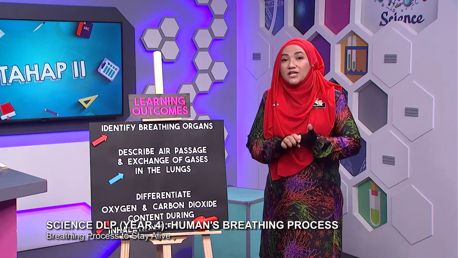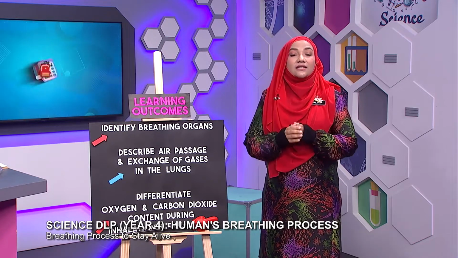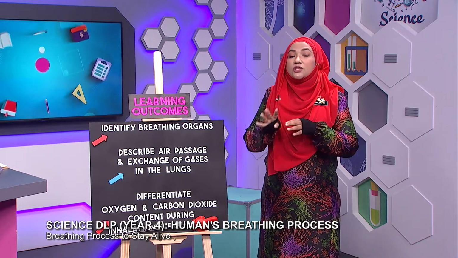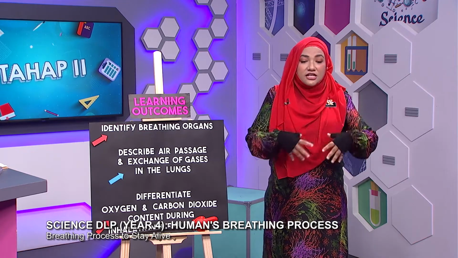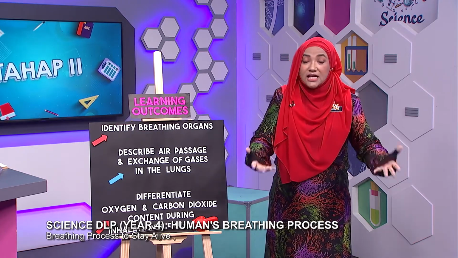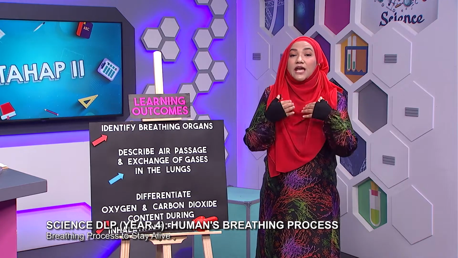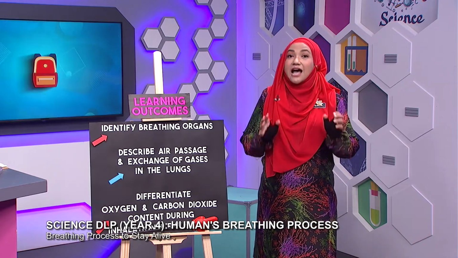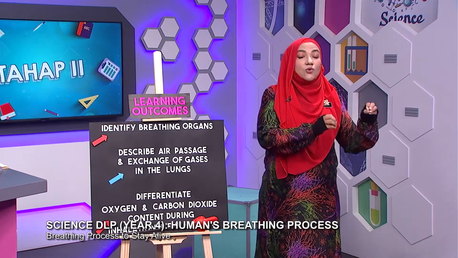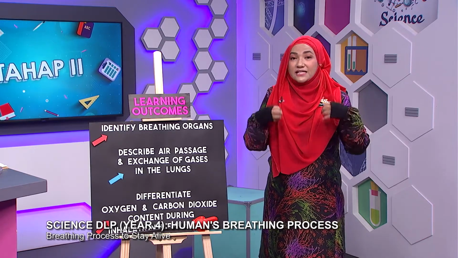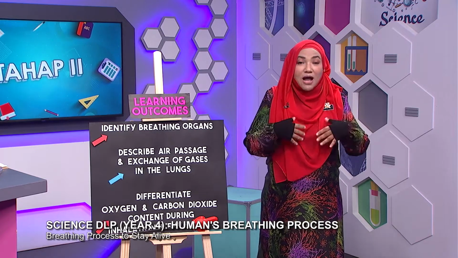We also need shelter to protect us from danger. So these 4 things are the basic needs. Remember, basic needs are things from outside of our body that we need to be able to stay alive.